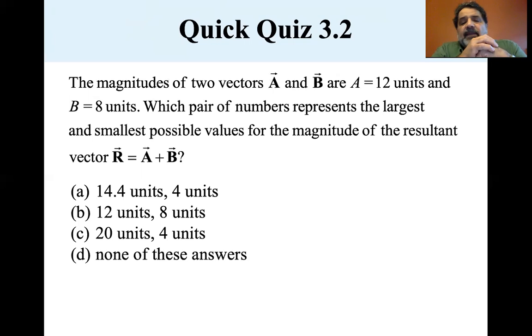So the answer is C, 20 units and 4 units. And hey, I was right. See, 20 units and 4 units. These are the maximum that you can get if it's all on the same line, when they're pointing in the same direction, and the smallest when they're pointing in the opposite direction.